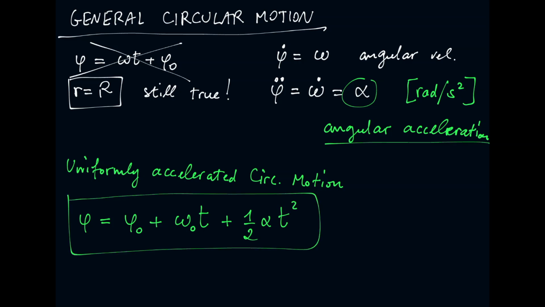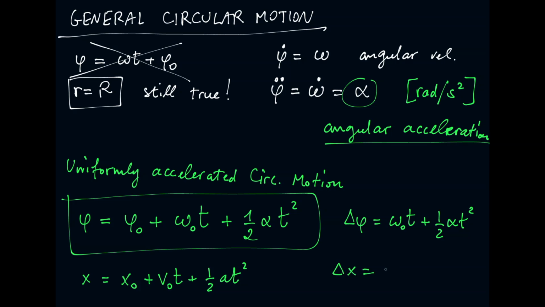Equivalently, delta phi is omega naught t plus half alpha t squared. This looks a lot like x naught plus v naught t plus 1/2 a t squared, or delta x is v naught t plus 1/2 a t squared. It's exactly the same thing, but instead of linear motion, we have angular motion. So the angle changes not just proportionally to time, but also quadratically with time, depending on the acceleration.